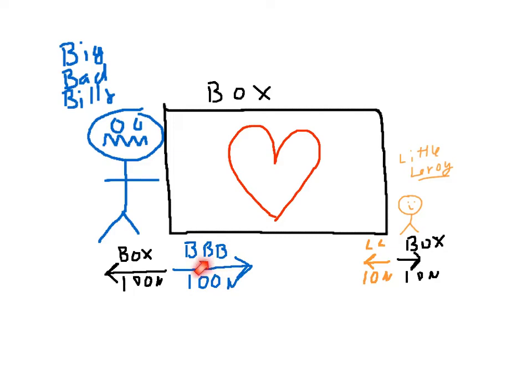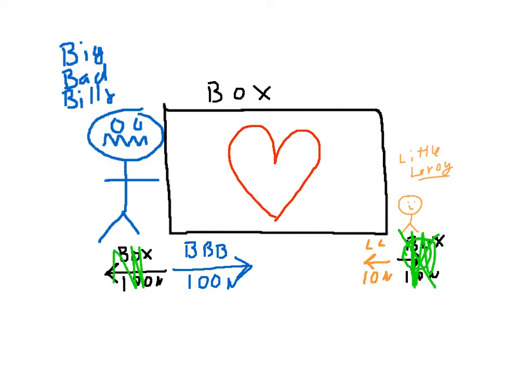This force right here is acting on the box, but this one's acting on Little Leroy. For the sake of illustration, the forces are still there, but let's just cross out the forces that are not acting on the box. This force is acting on Little Leroy.